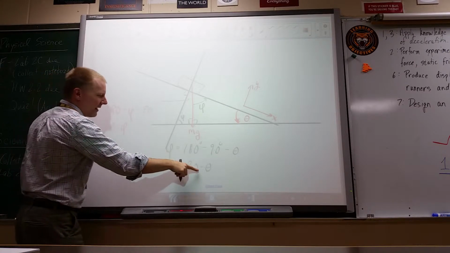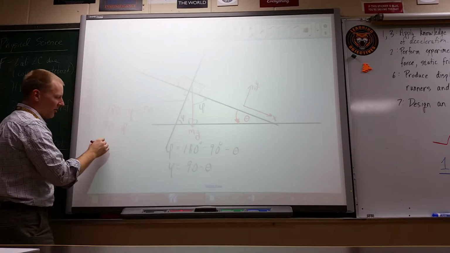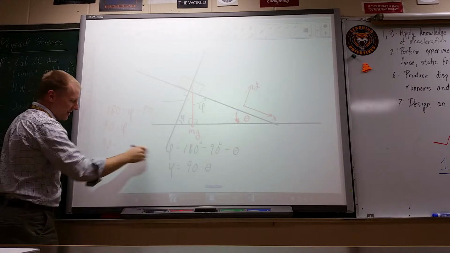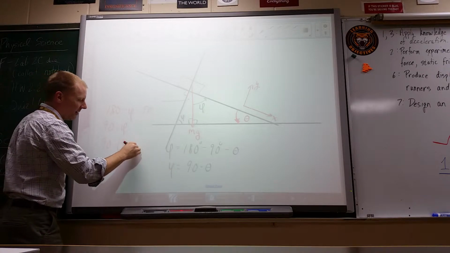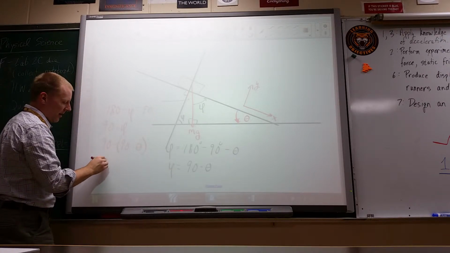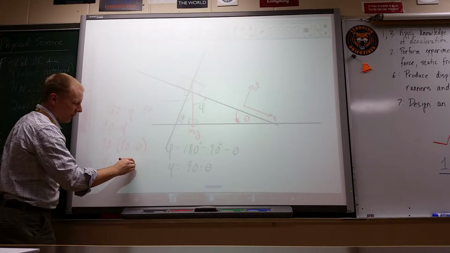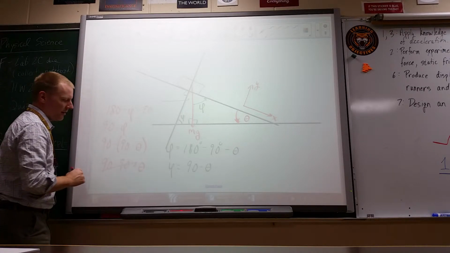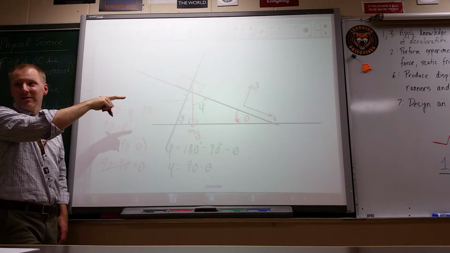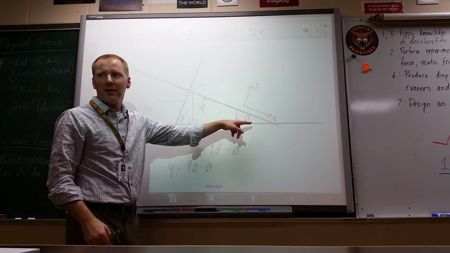Well, I already know what phi is. It's 90 minus theta. So if I take 90 minus that, I get 90 minus 90 plus theta. That means that angle right up there is also theta, the angle of the incline.